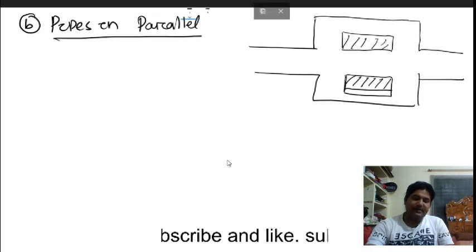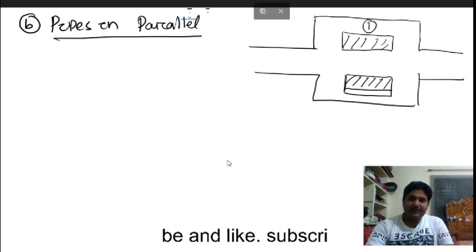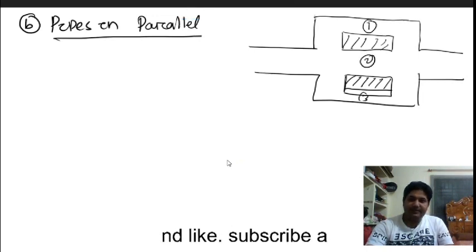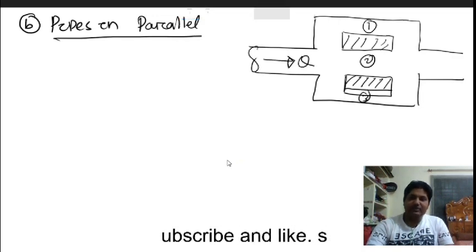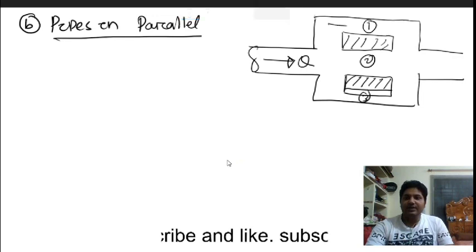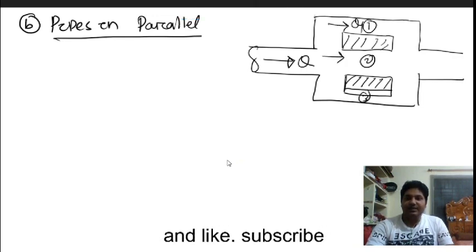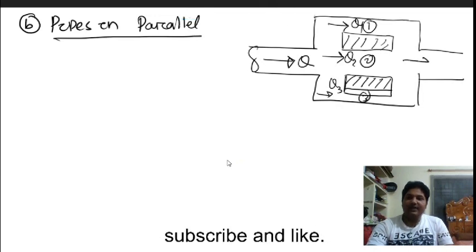This is my first pipe, this is the second, and this is the third. Suppose this is my main pipe and Q is going. Now this Q is distributed into Q1, Q2, and Q3, and finally it goes on as Q.